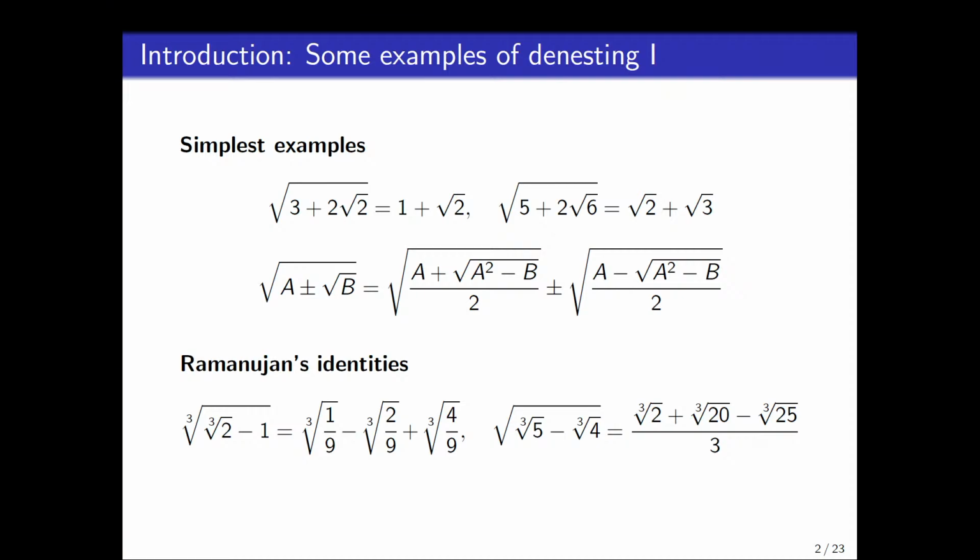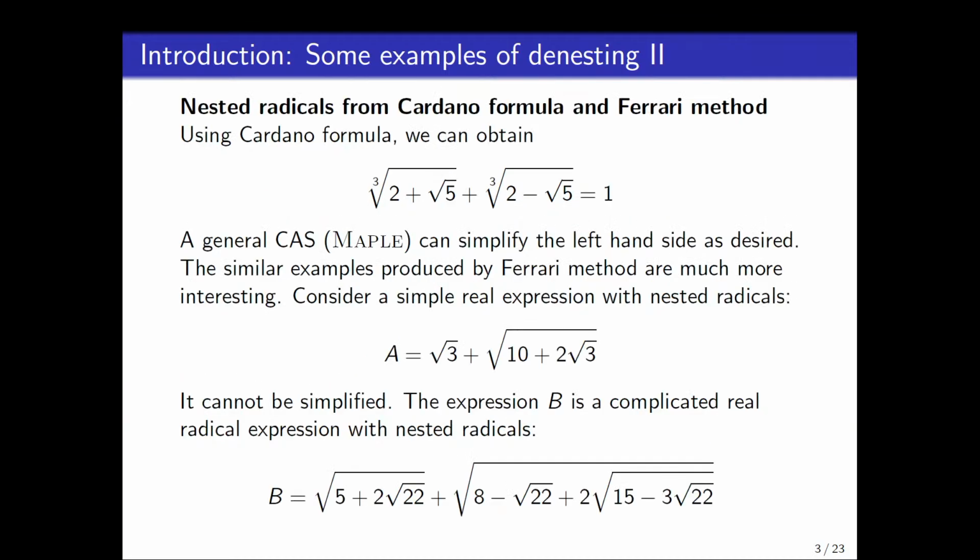Also, more sophisticated examples were given by Ramanujan a while ago. If you proceed, we can also obtain some similar formulas when solving cubic and respectively fourth degree equations by the Cardano formula or Ferrari method.